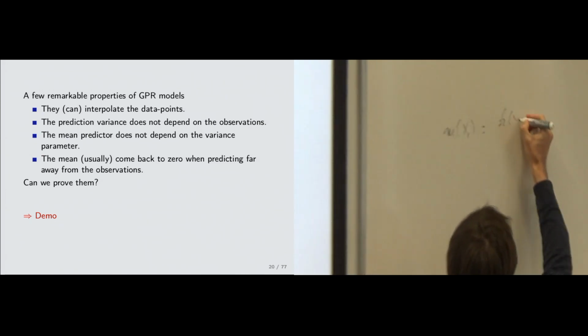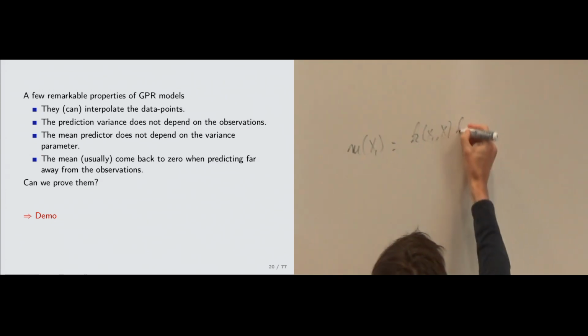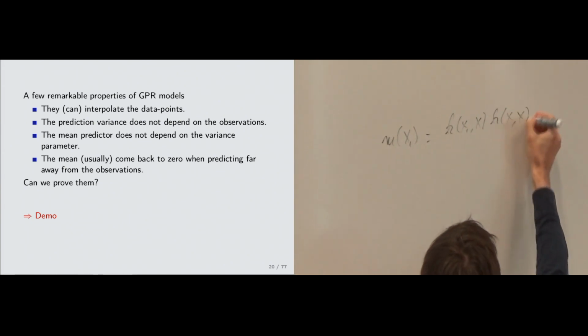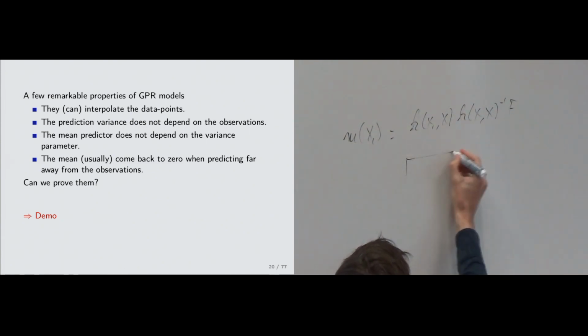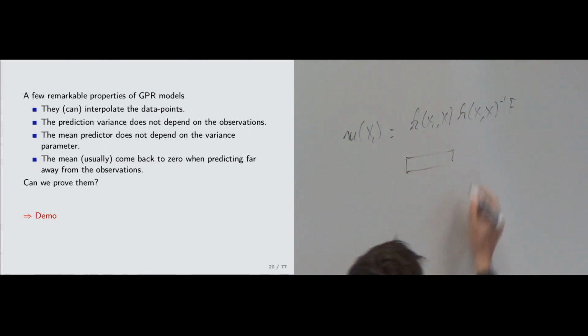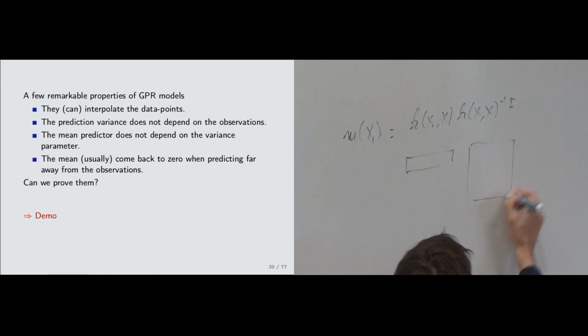This is going to be k of x1 x times k of xx inverse times the vector of observations. Remember, this is a vector, this is a matrix, and that's a vector.